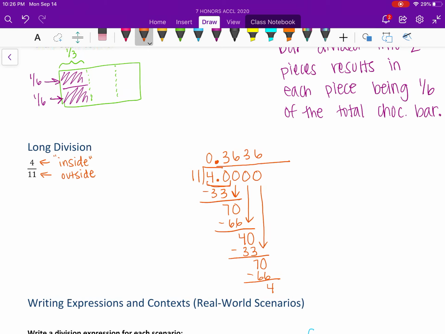And we could keep going on this pattern forever and ever and ever, or we could just write it as 0.36 repeating. Okay. All right, so anytime that you have a long division where the numerator is smaller than the denominator, you can always add a decimal point and some zeros to figure out the decimal expansion. Again, you guys will have access to your calculators, though. Let me know if you guys have any questions.